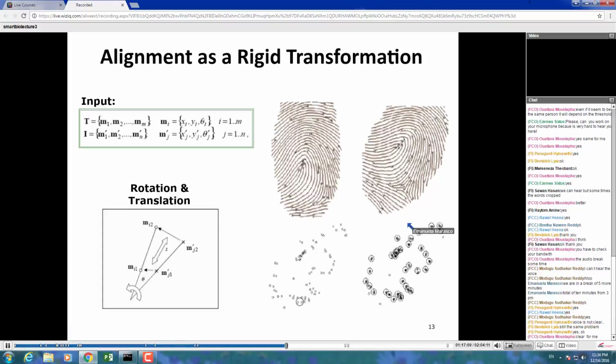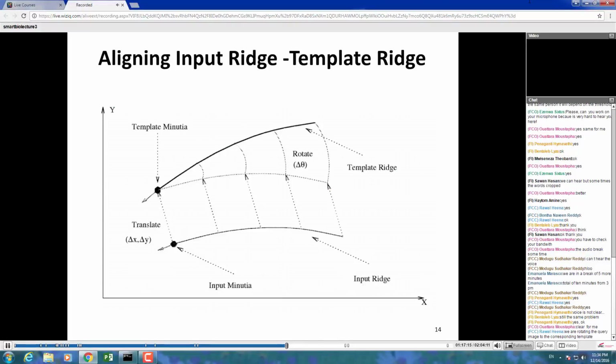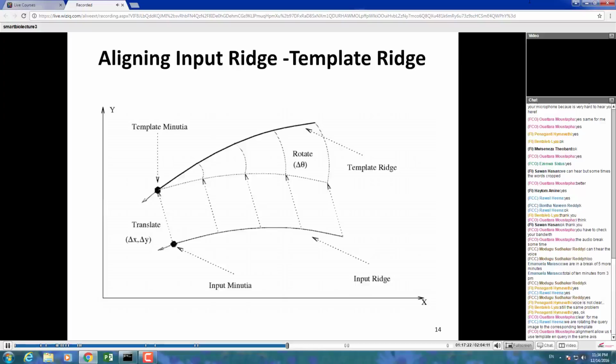We don't use the image anymore. We have the image only to extract the set of points that we need. In fact, as you can also read from the slide, the inputs are two sets of minutia points. So we don't have the image anymore at this point. I hope it's clear: every operation we do is on sets of minutia points.